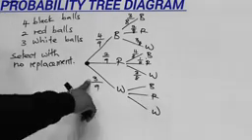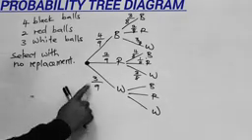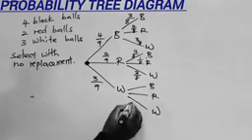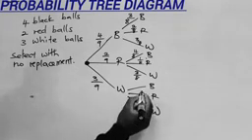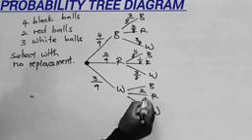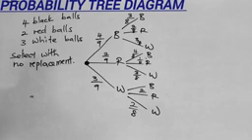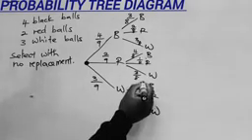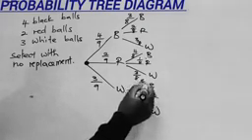First you picked a white ball, which was 3 over 9. So now we're left with 2 over 8 for the red ball, because we had 2 red balls at the beginning, so we still have 2 over 8. Then for black balls, we're left with 4 over 8.